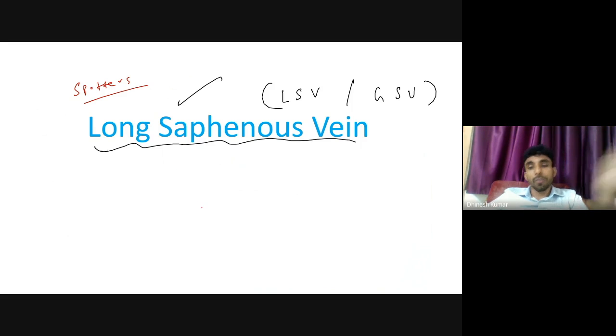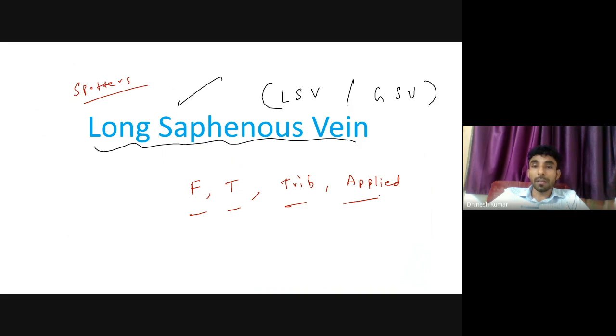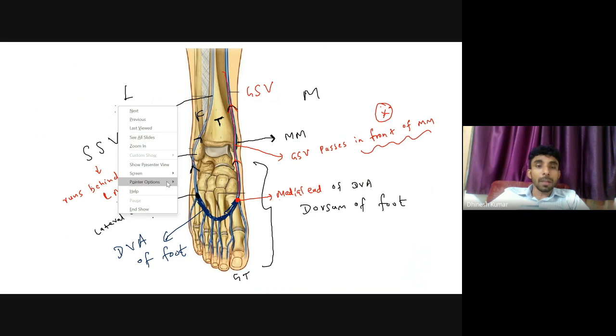So let's discuss the possible subquestions for long saphenous vein: formation, termination, tributaries, and applied. Any one may be a subquestion. What about the formation?